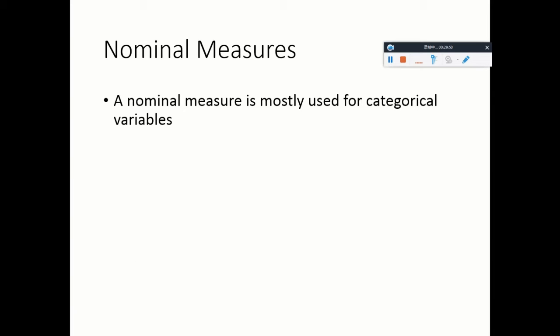It doesn't make sense to say, well, how much of a male are you? 90%? Or how much of a female are you? 95%, right? That doesn't make sense at all. And therefore, when we encounter some very classic or typical categorical variables, we can only use nominal measures.